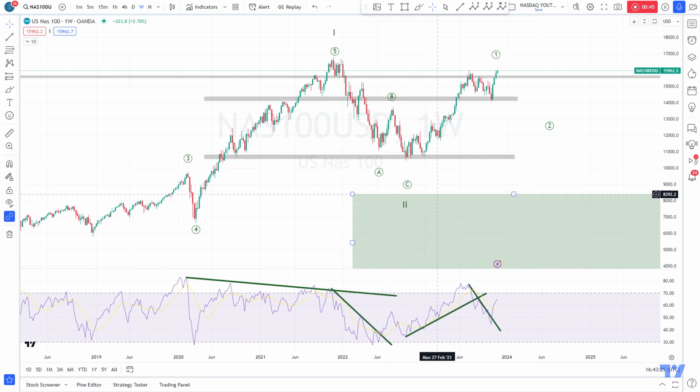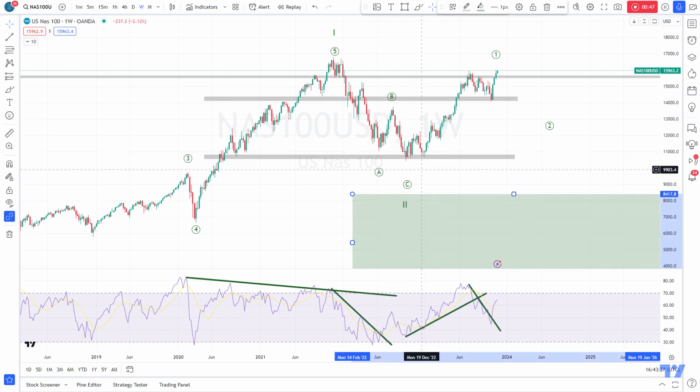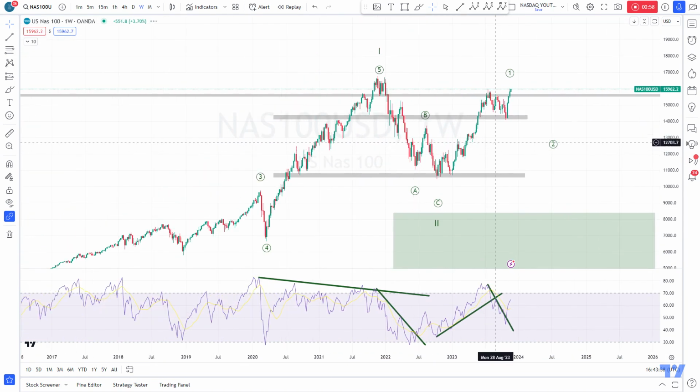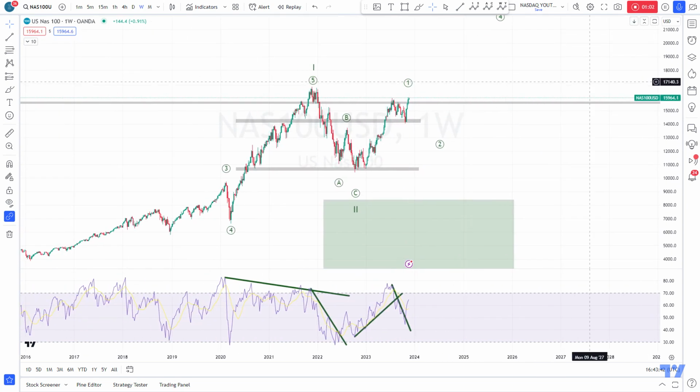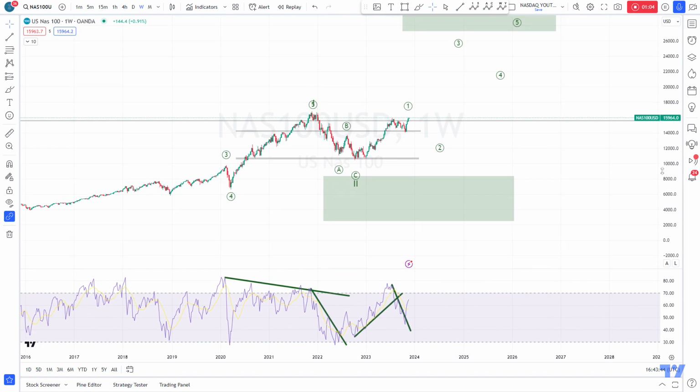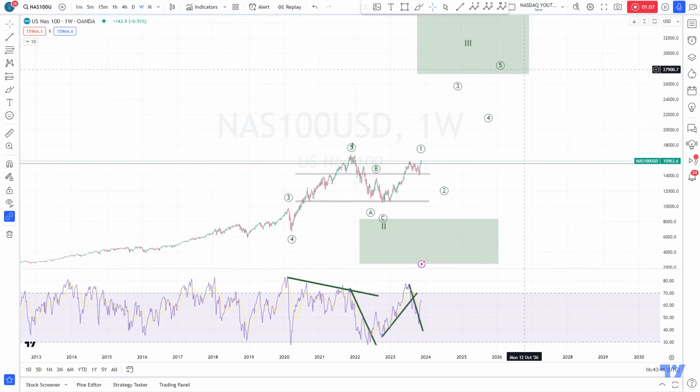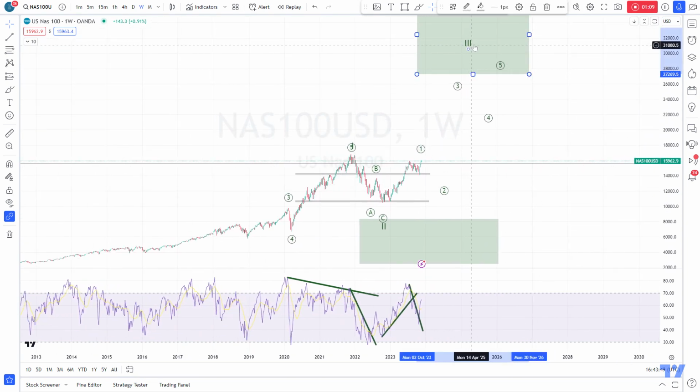We did not reach our 0.5 FIB retracement level, but instead we started to turn up again from this level. So that means here in the higher time frame that we probably are working on this wave 3 in the higher degree.